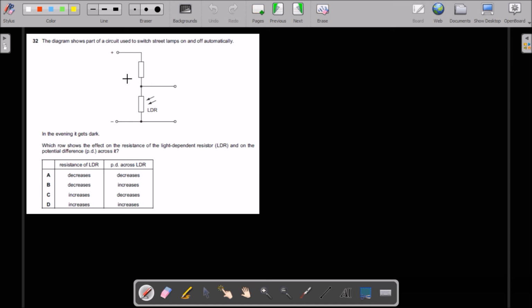When it gets dark, means less light. Less light means resistance increases.